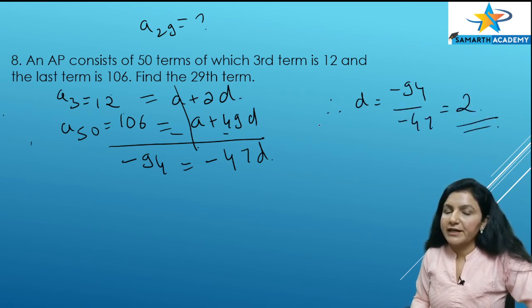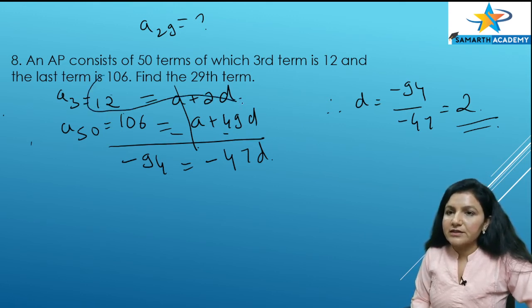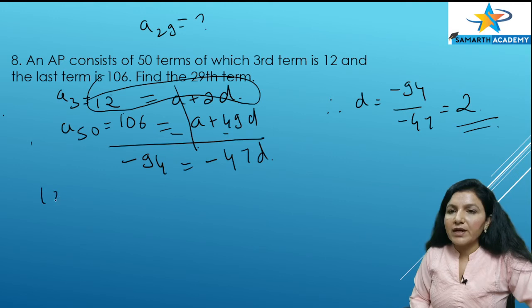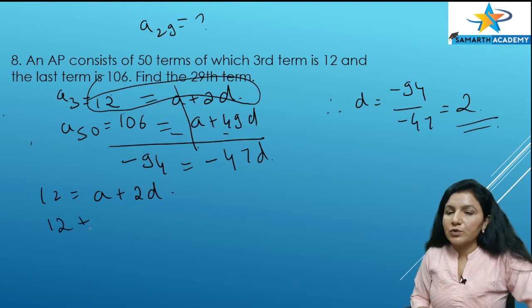Therefore, D is 2. For getting the value of A, consider any of the equations. Here, this is an easier one. So, 12 is equal to A plus 2D. 12 is equal to A plus, put the value of D, 4. Therefore, A is equal to 8. 12 minus 4, which is 8.